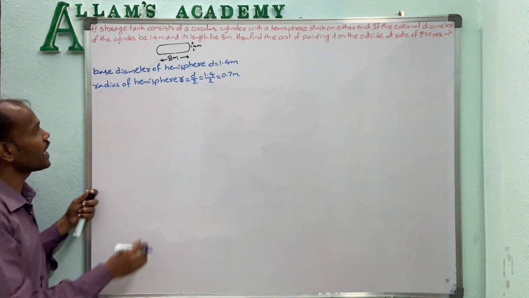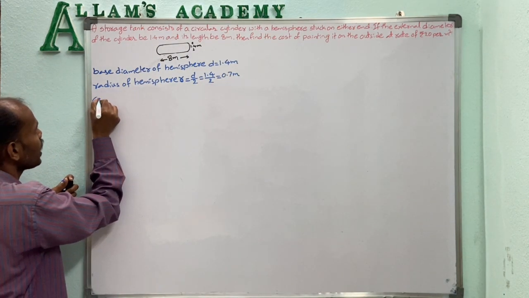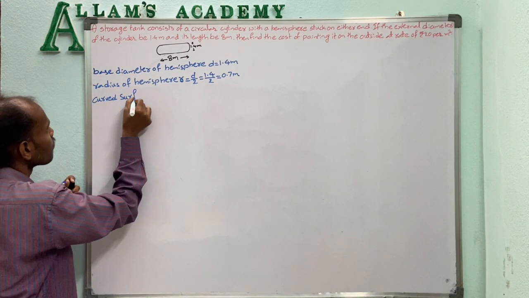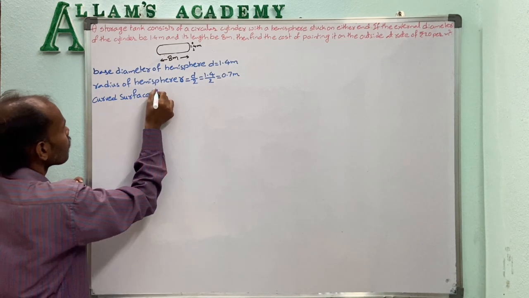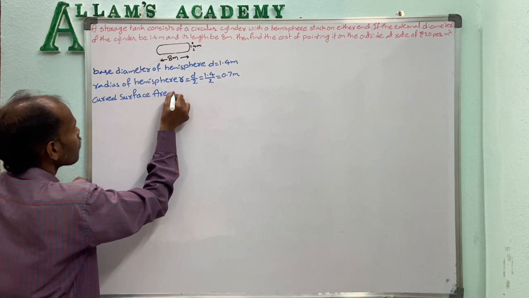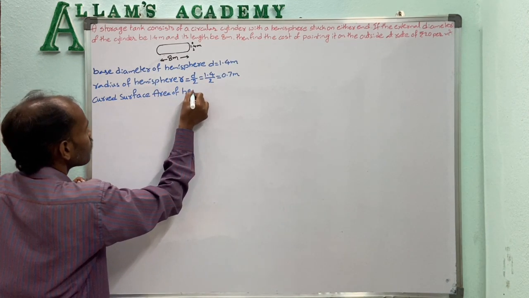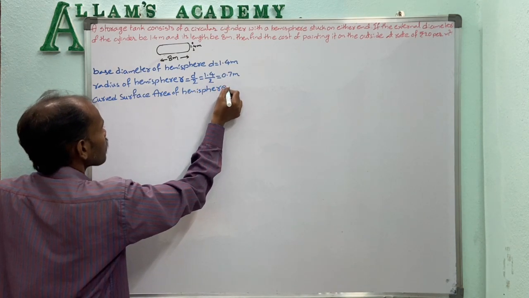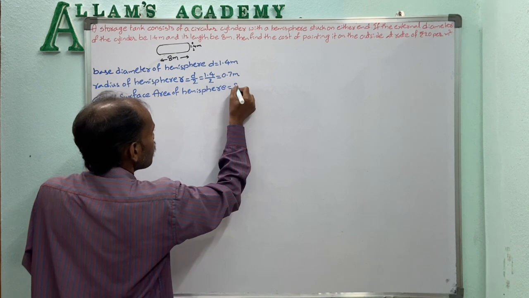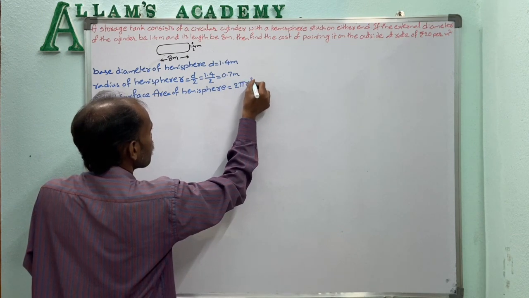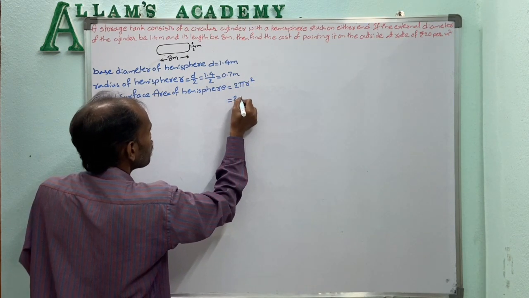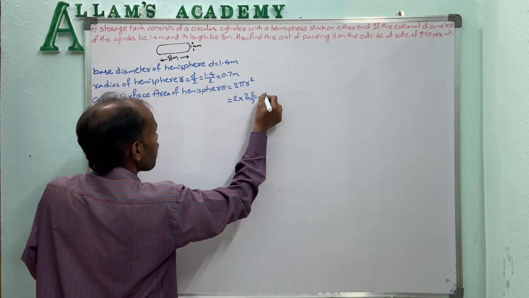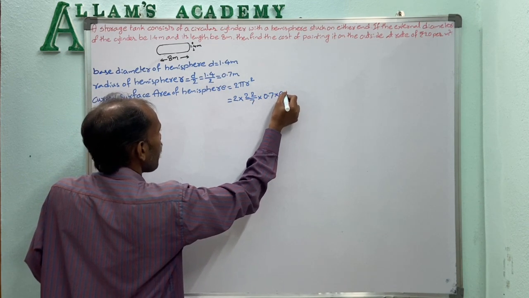Next, finding the curved surface area of the hemisphere: 2 pi r square, that equals 2 into 22 by 7 into 0.7 into 0.7.